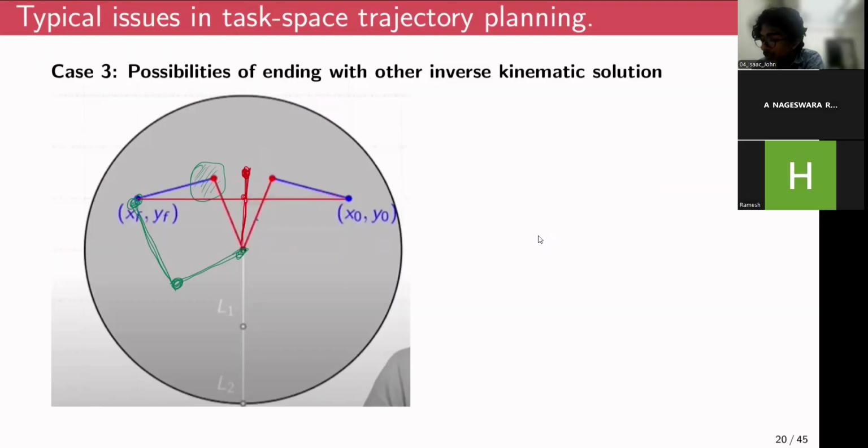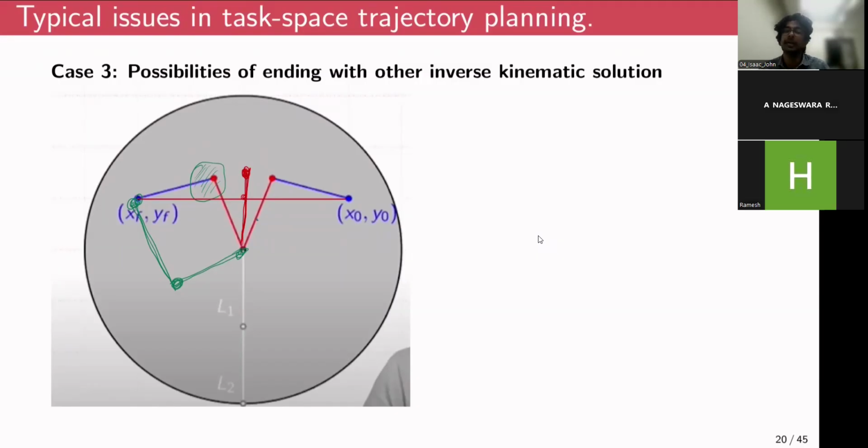And once it moves away from this folded position, it can either fold down or fold up. It's very difficult to predict which direction the robot is going to move, especially in real situations, it's not that straightforward. It depends upon a lot of cases, the inertia, the momentum.